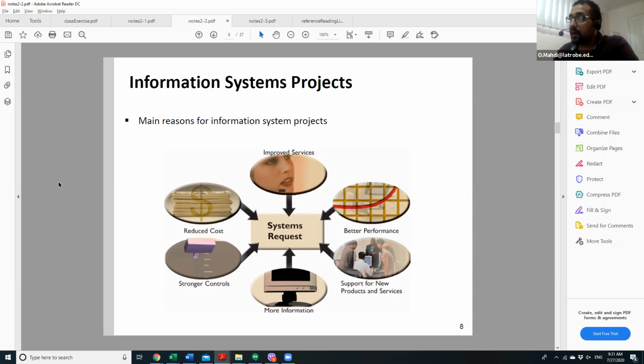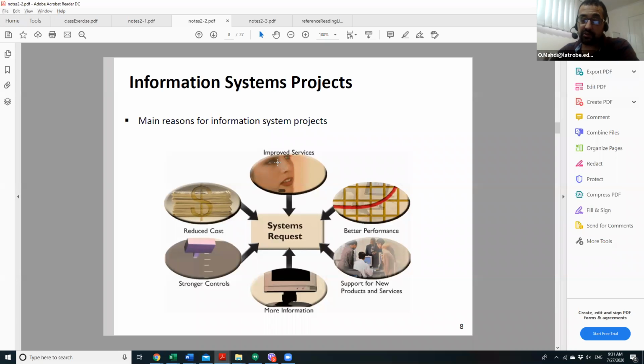Some of the reasons include improved service. You think, for example, that the current service provided by the online student service is not the best, and some services are missing from the information system.